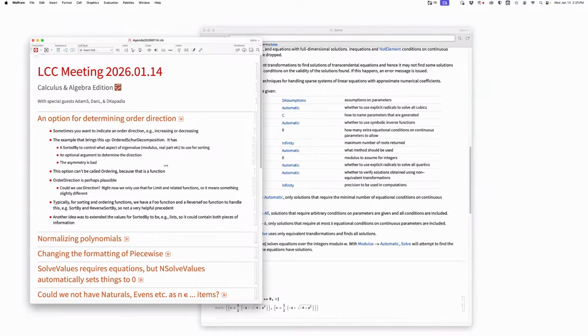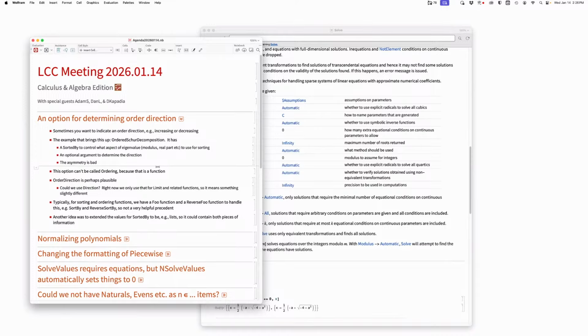Okay, so the issue is there are a whole bunch of functions where they define some kind of sort order. I mean, there must be ones like GroebnerBasis. There's all these kinds of reverse lexicographic sort things, which in principle could be an ordering function, and then you pick out whatever it is.